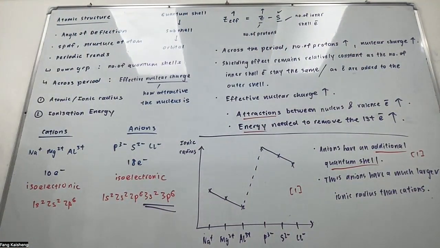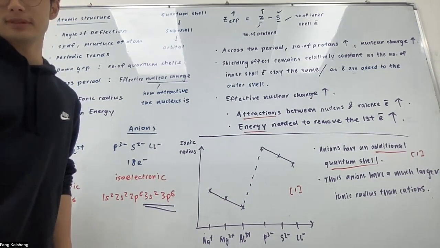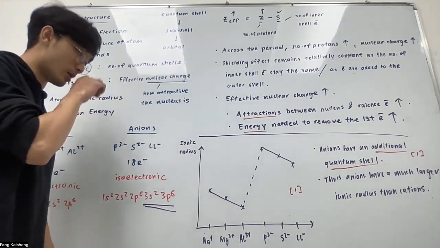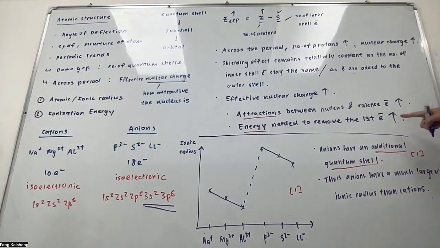But it starts to get a bit interesting here under ionization energy. Again, I forgot to write about this. Energy needed to remove the first electron, again, generally increases. You see in the next page also.